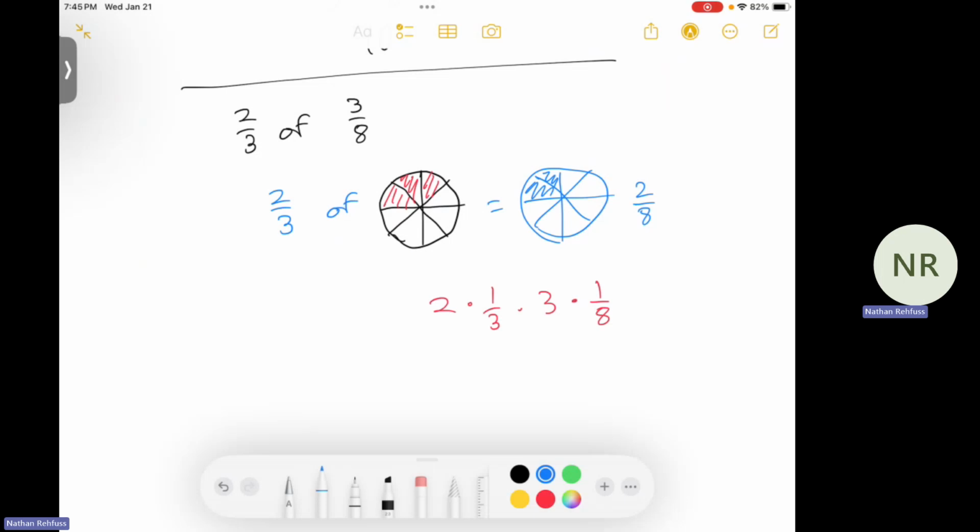We get to multiply these in whatever order is the easiest for us, and here I noticed that 1/3 of 3 is 1. So now I have 2 times 1 times 1/8 is 2/8. Many different ways to play with these fractions. You get to break them up as you see fit.